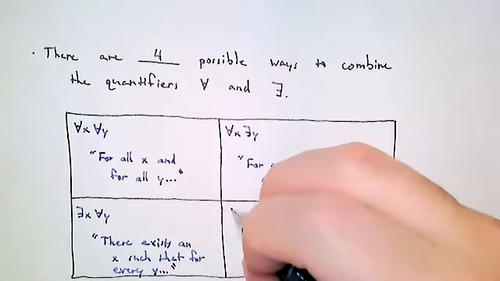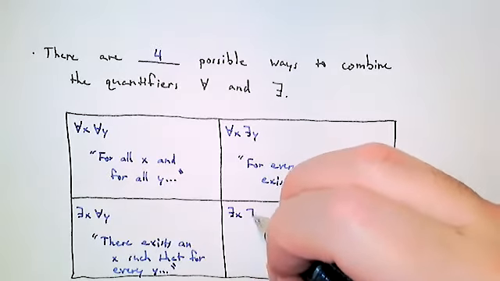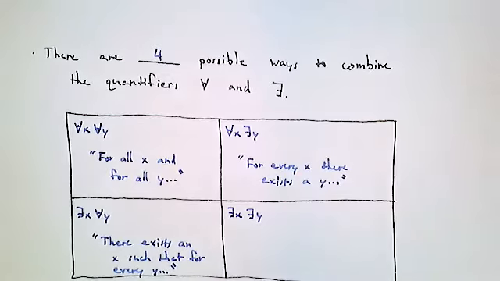And then the fourth possible way to combine our quantifiers is with two existential quantifiers. And this one says there exists an x and there exists a y.